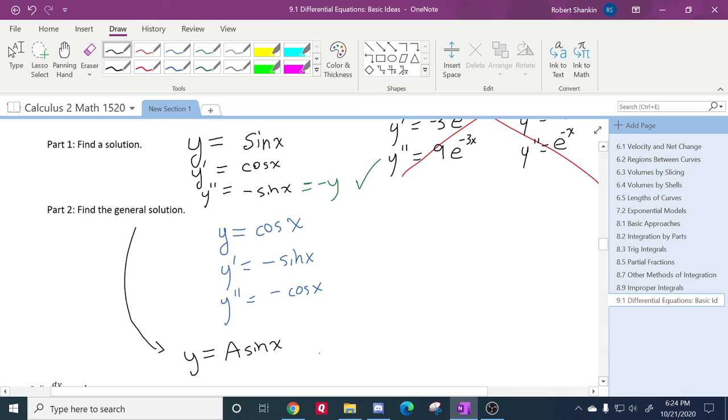You could also say plus or minus. So you could have a times the sine of x or negative a times the sine of x. That's right. A could be positive or negative. But plus b cosine of x. Very good.